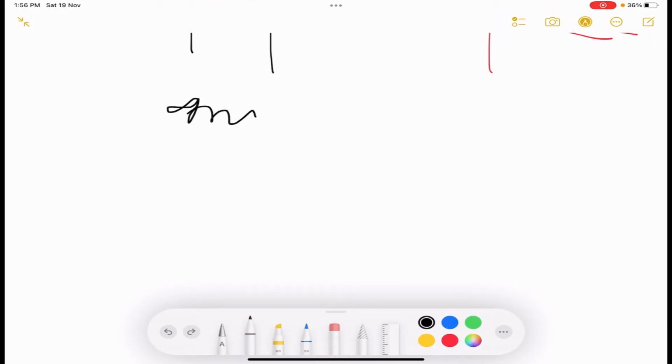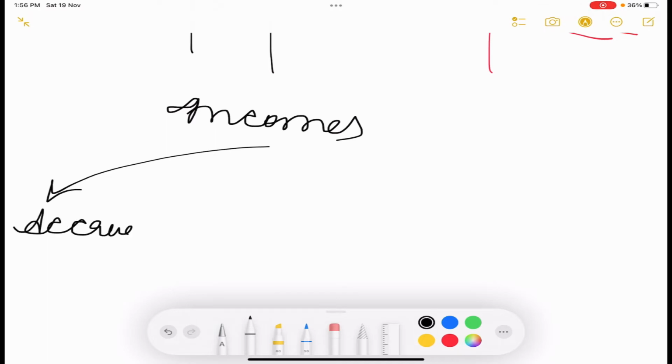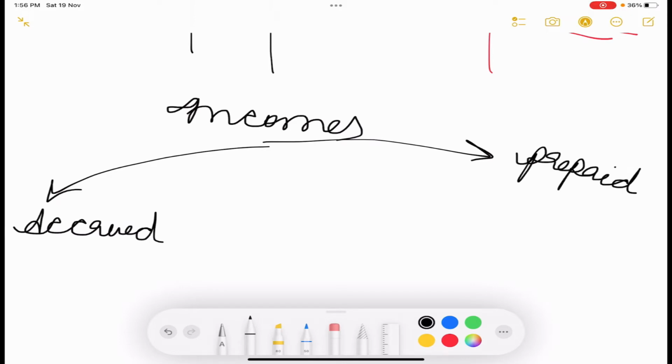So we have incomes. There are two types of incomes. The first one is accrued income, and the second one is prepaid income. Income is something which we are receiving, right? So tell me one thing. If someone is prepaying income to us, someone paid me fee. Let's say I take tuitions and I'm taking fees.